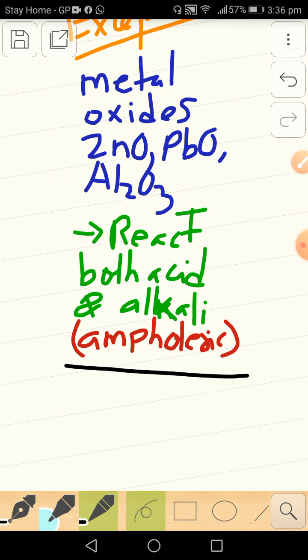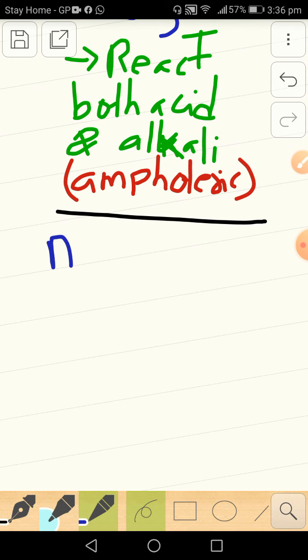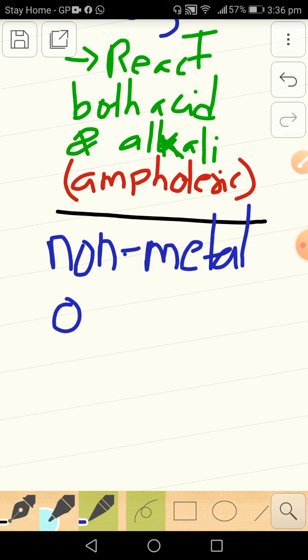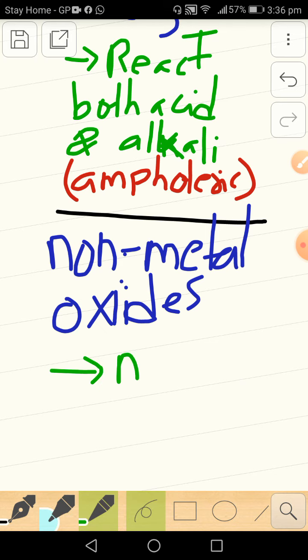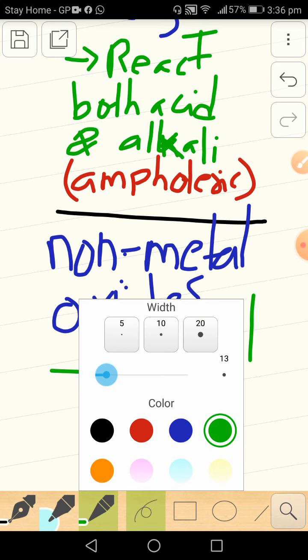Okay. Now the exceptions of non-metal oxides. Non-metal oxides are never basic, but all their exceptions are neutral. And which are neutral? Let me tell you.